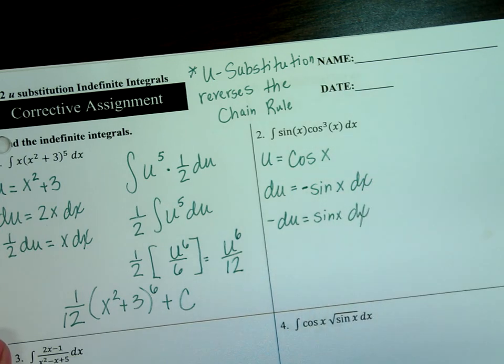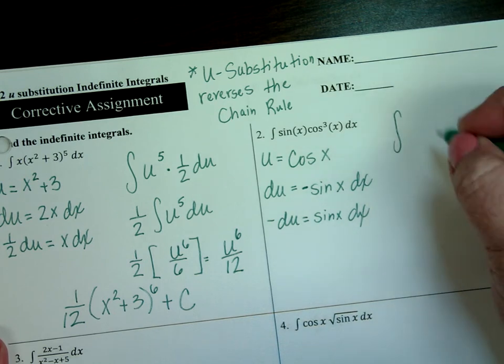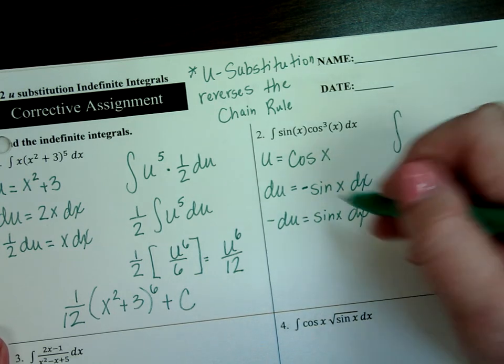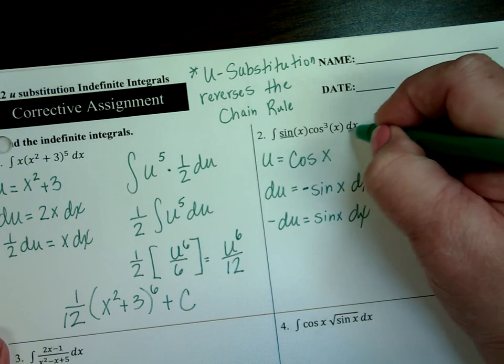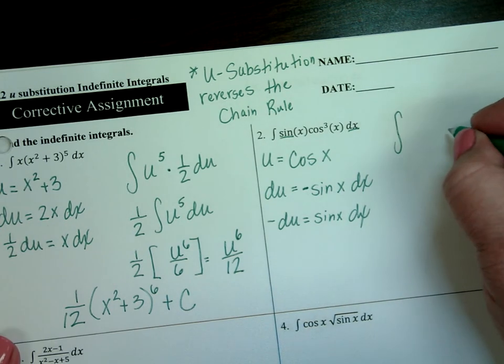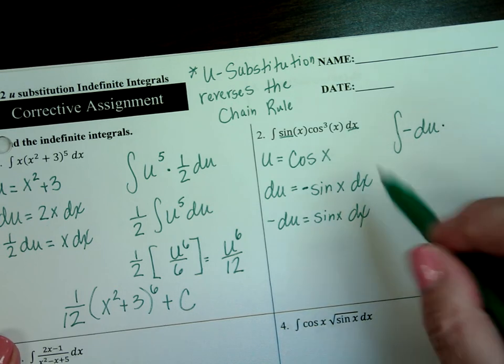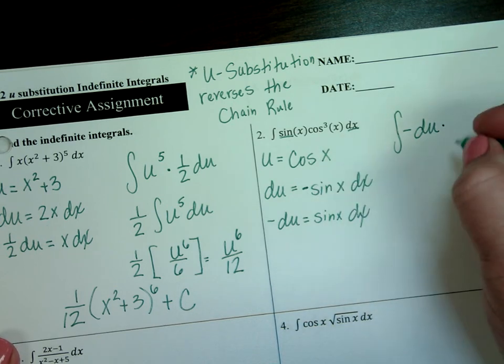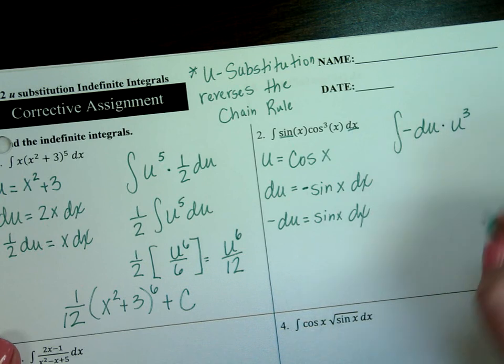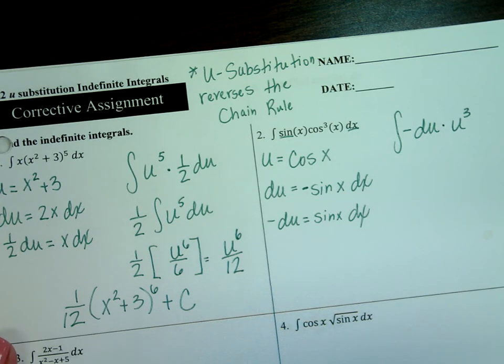And then I think I'm ready to do my substitution. If I put it together, I have the sine of x dx, that's this piece and this piece, that equals a negative du. And then I have a cosine, well that's my u that's being cubed. Now that looks funky. I don't have that in the right order, so I'm going to clean it up.